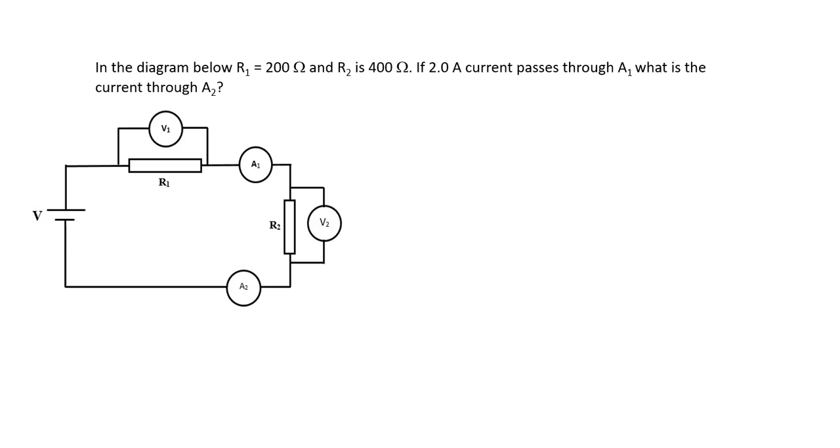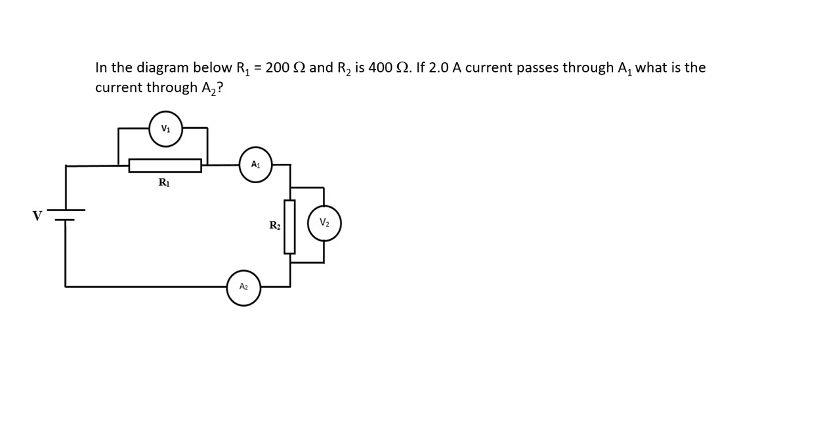The first problem is in the diagram below. R1 is 200 ohm and R2 is 400 ohm. So if 2 amp current passes through A1, what is the current through A2?